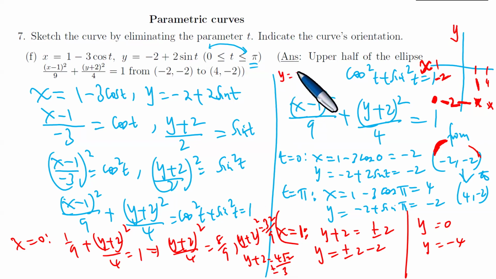So y is going to be plus or minus 4 the square root of 2 out of 3 minus 2. Yeah, so you have minus 2. So now you'd have the r.